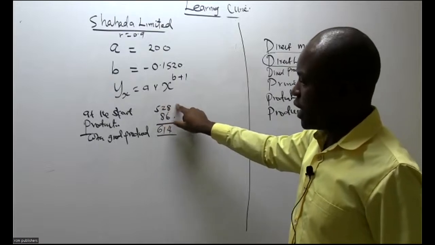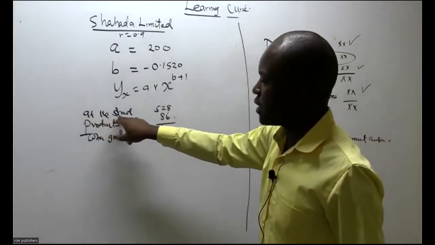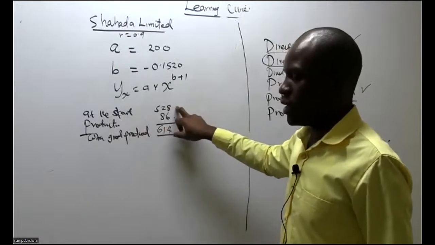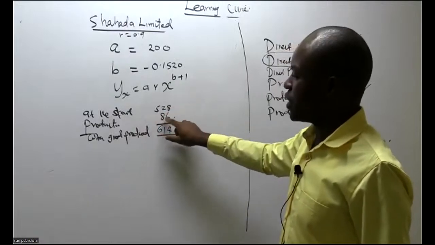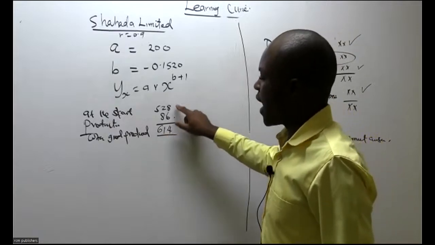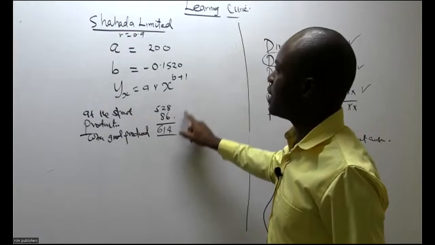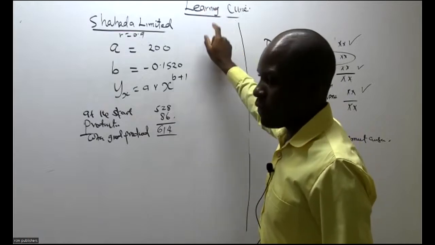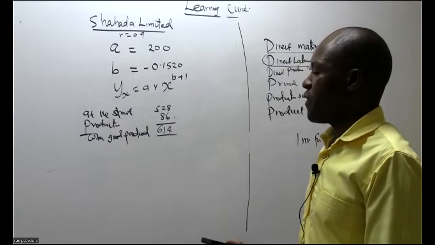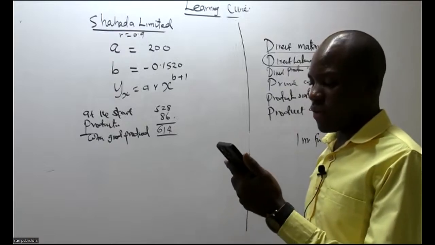This 528 was produced at the start. They already produced 528. During that same period, they produced 86. So in total, 614. And all these 614 are operating under learning effect. So let's go ahead and see what we have there.